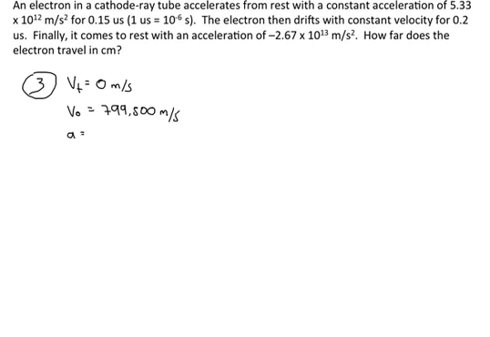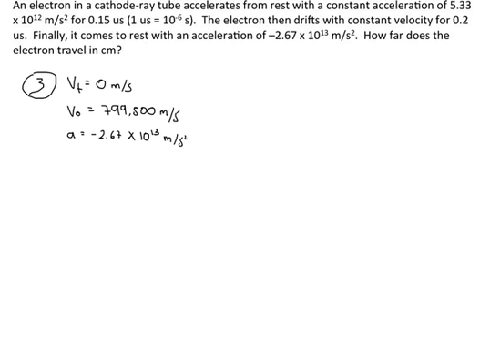We are also told that for this part of the journey, the acceleration is negative 2.67 times 10 to the power 13 meters per second squared. It's negative because the electron is coming to rest, so picture it as braking.